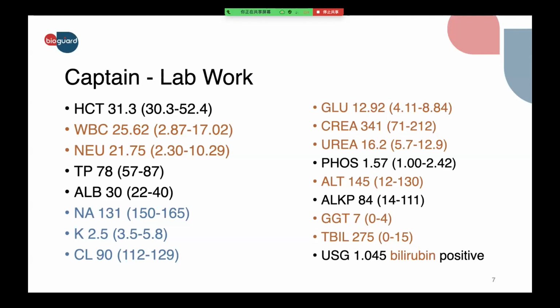And the electrolytes: the sodium, chloride, and potassium are all getting lower. Depending on the history, she didn't eat well for about one month, so I wouldn't be surprised to see the potassium or electrolytes lower than normal.